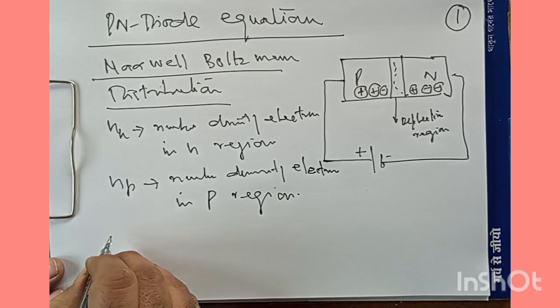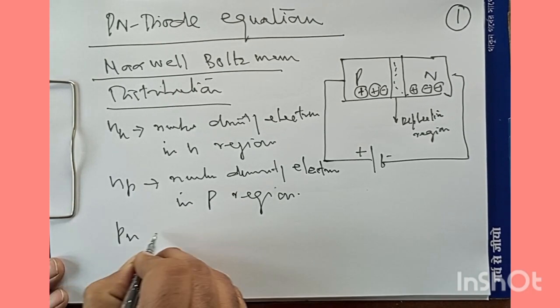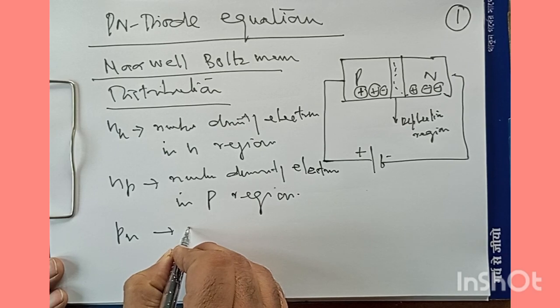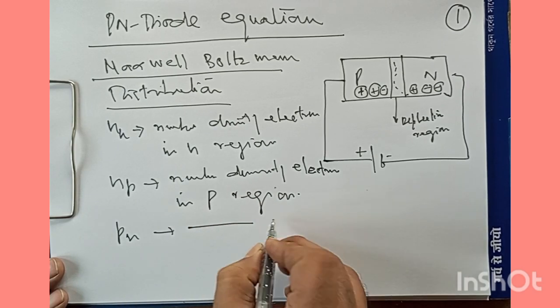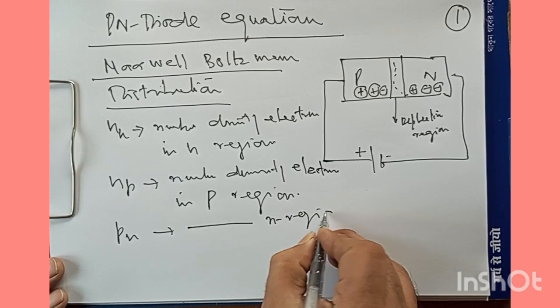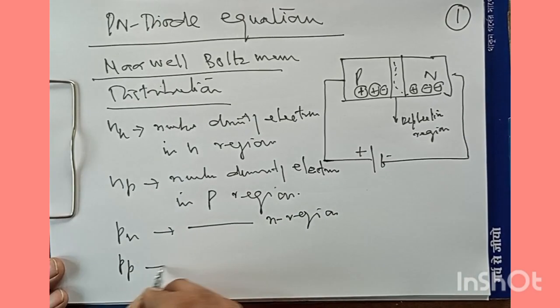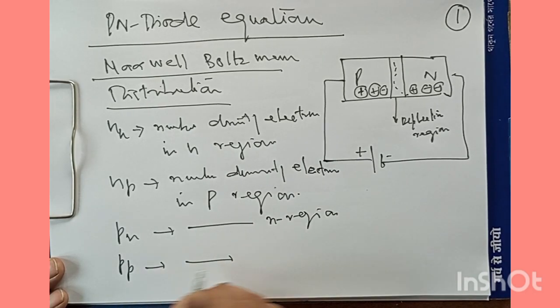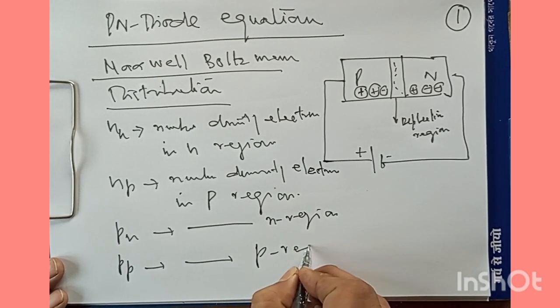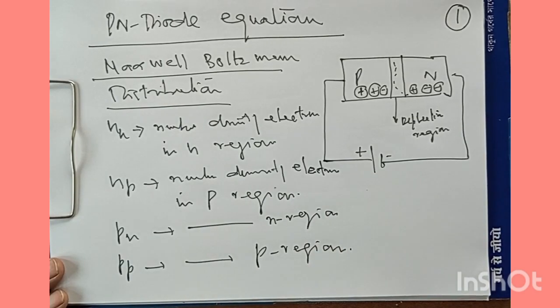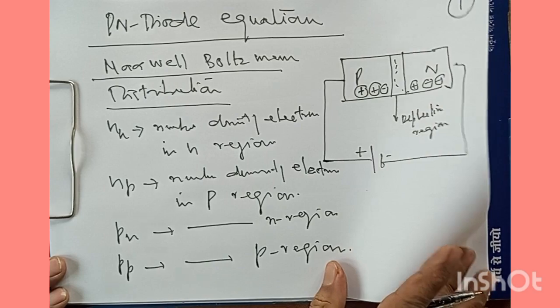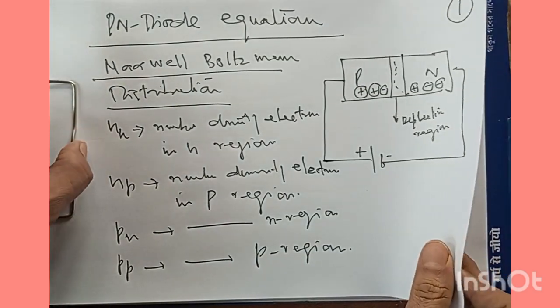We can similarly think in terms of holes: p of n gives the number density of holes in the N region, and p of p gives the number density of holes in the P region. So keeping these things in mind, we can write down the Boltzmann distribution function for these two regions, for these charge carriers.